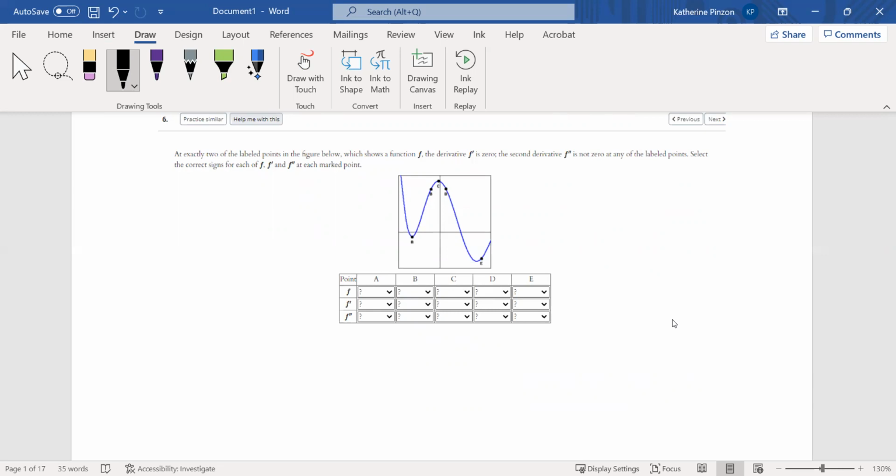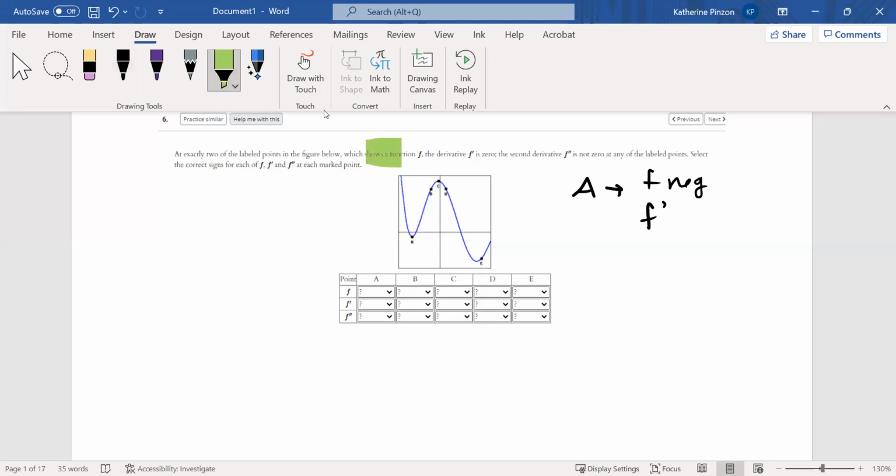Okay, so let's see. What's happening here at point A? It's a minimum, right? Is F positive or negative? Is the function positive or negative? Negative, because that y value is below the x-axis. What about F prime? What function are we looking at? This blue picture. The blue one is F, yeah.